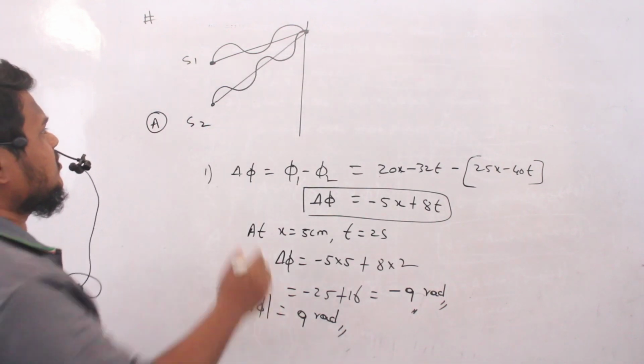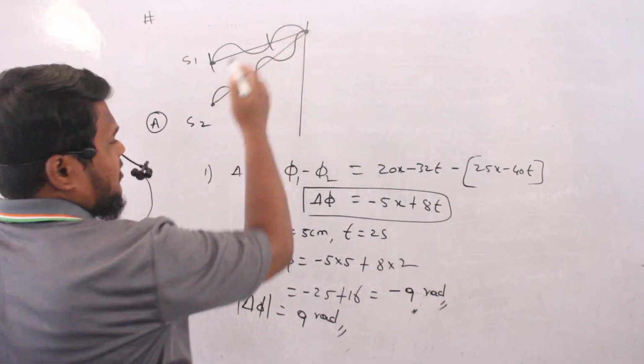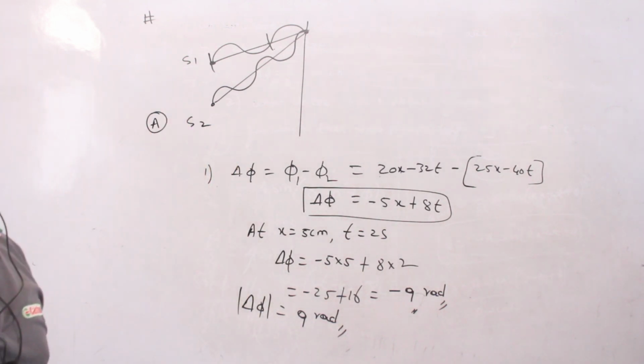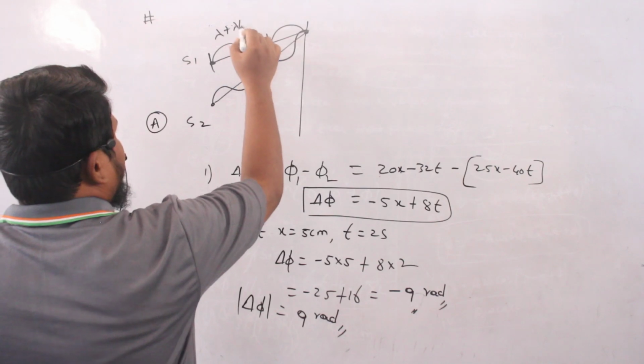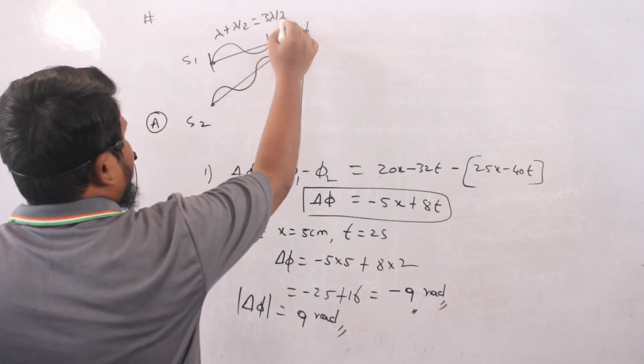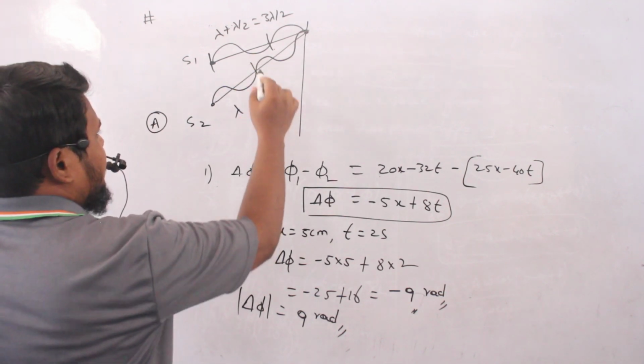You can study this in terms of phase differences as well as path differences. Here, the path traveled by the first wave is lambda plus lambda by 2, which is equal to 3 lambda by 2.